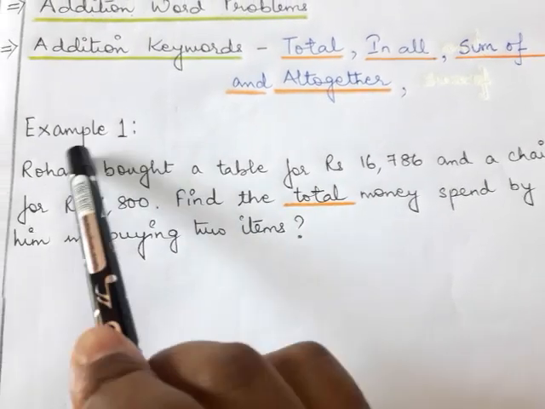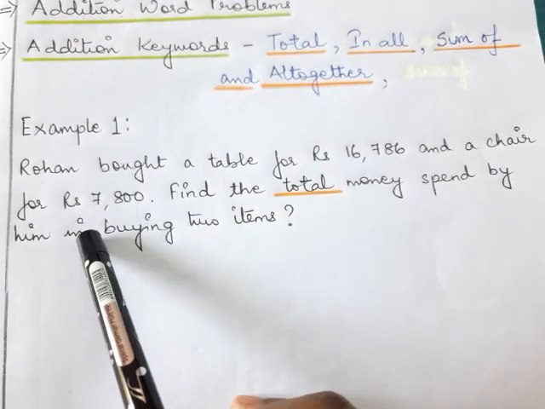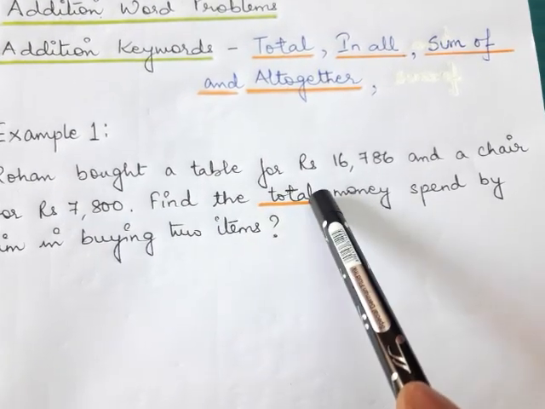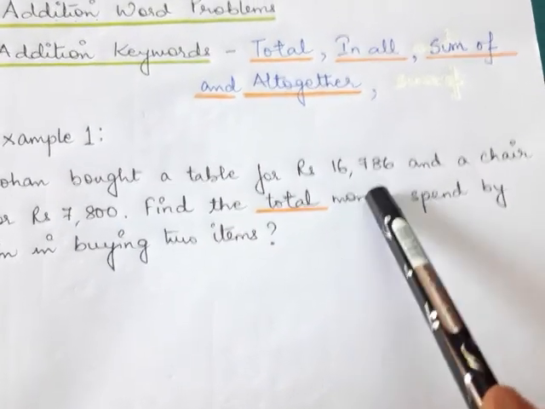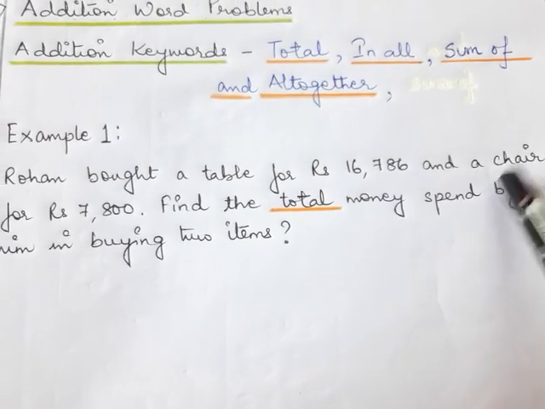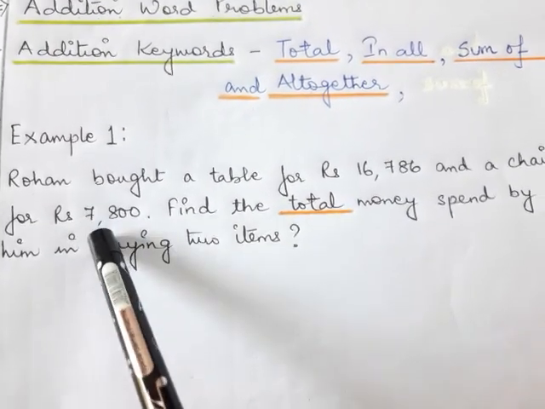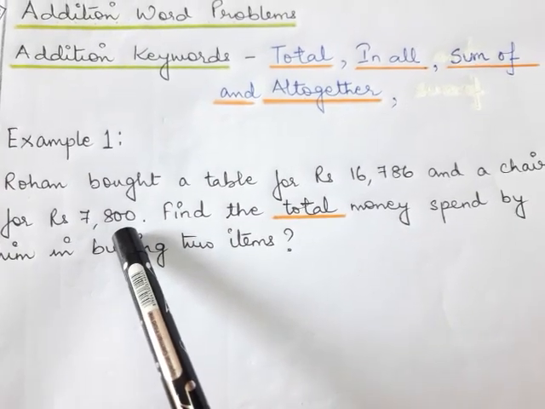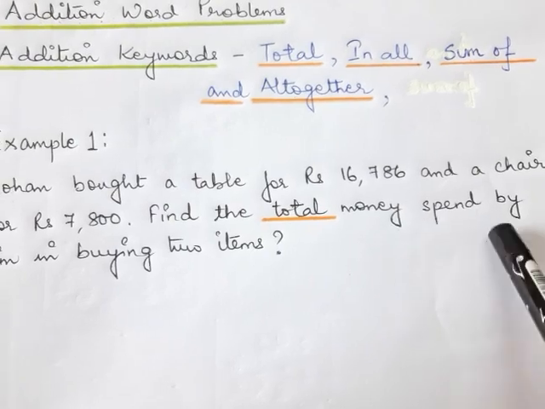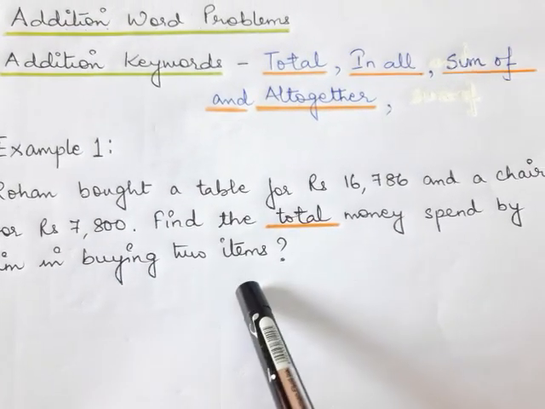Now here we have example 1, where it says Rohan bought a table for rupees 16,786 and a chair for rupees 7,800. Find the total money spent by him in buying two items.